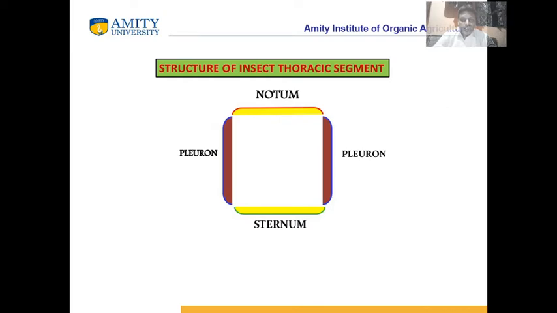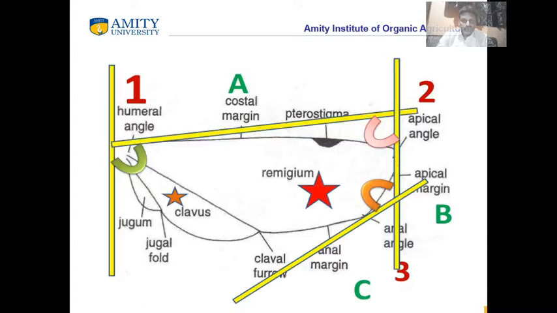The dorsal layer is called notum, the ventral layer is called sternum, and the vertical or side layers are called pleurons. These are the hard plates protecting the thorax region, and these are the important regions from where the accessory organs of wings generate and wing formation takes place.